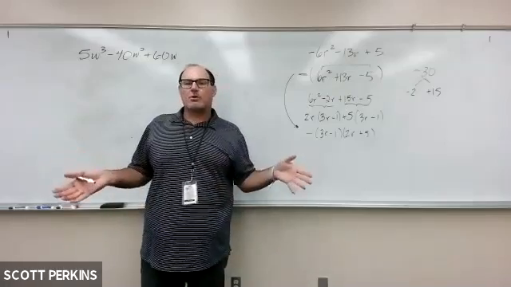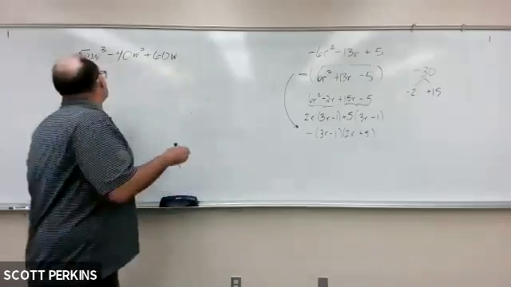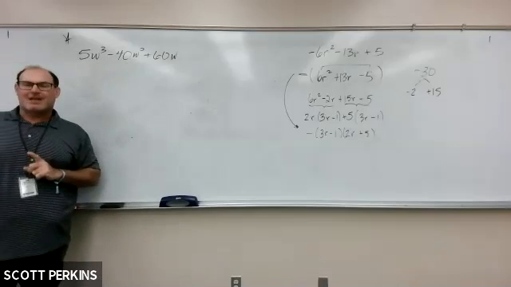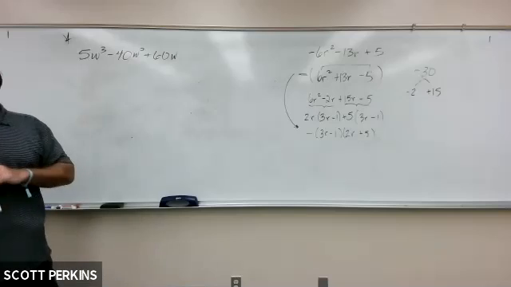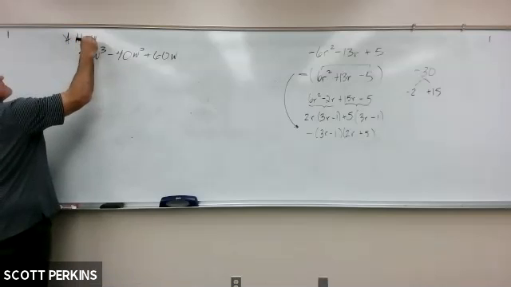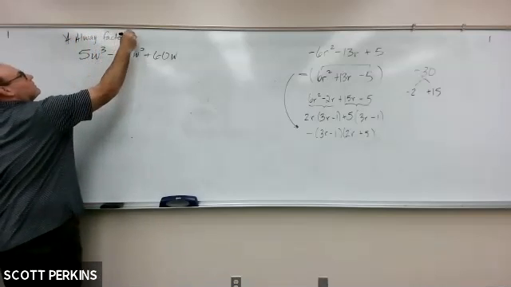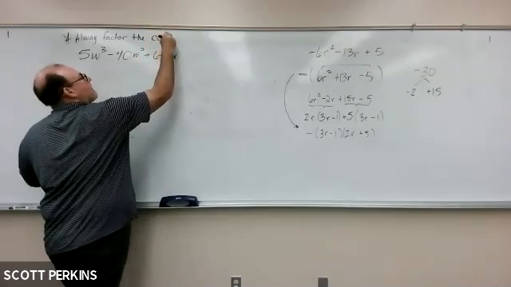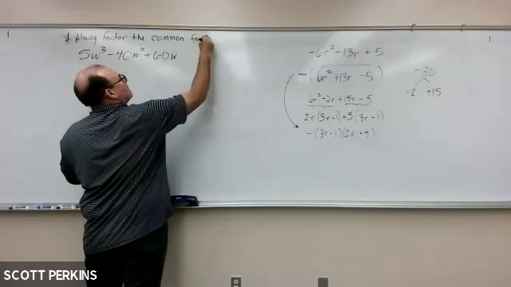We always just want to work with the smallest number possible. So I'm just going to make a little note, and that is the purpose of this problem. Anytime you are able, factor out a common factor. So always factor out the common factor first.